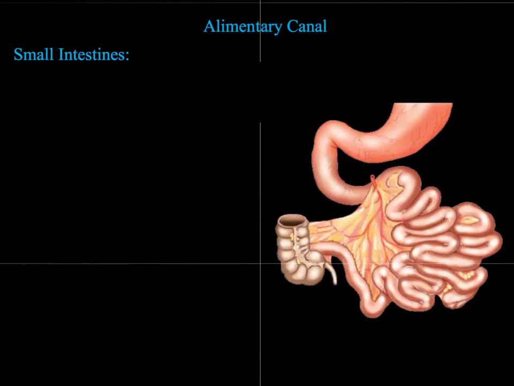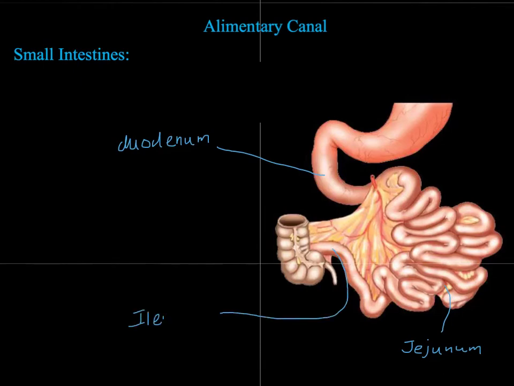The first part, which is the part closest to the stomach, is called the duodenum. The part of the small intestine that's usually found in the middle is called the jejunum. And the last part, which is the part of the small intestine that's closest to the large intestine, is called the ileum.